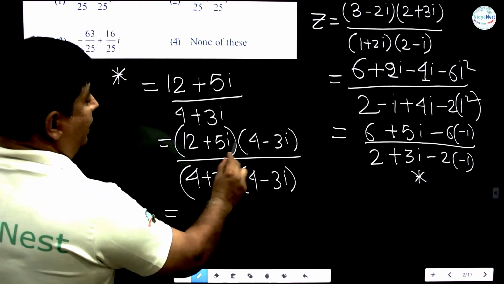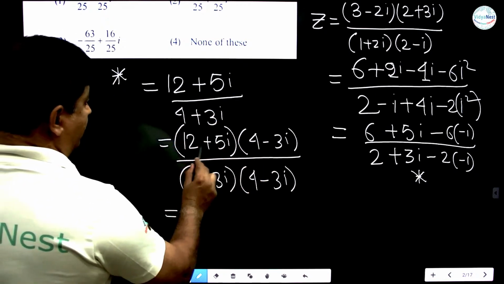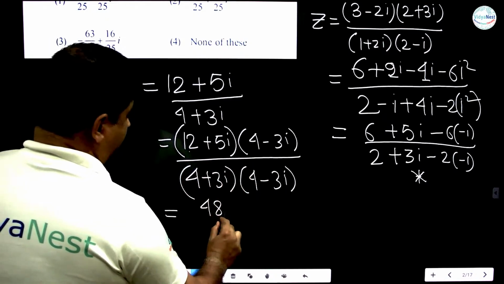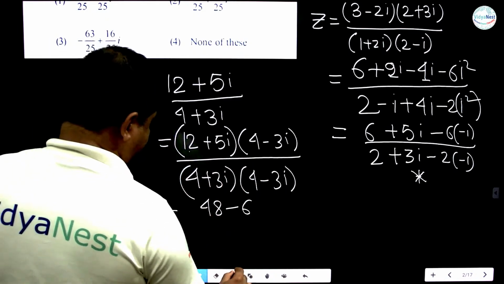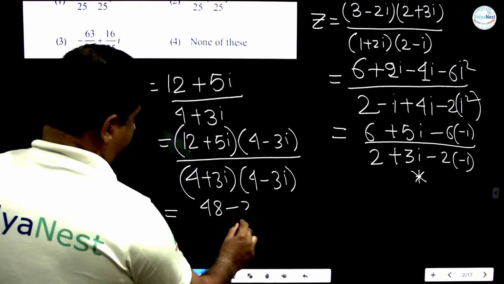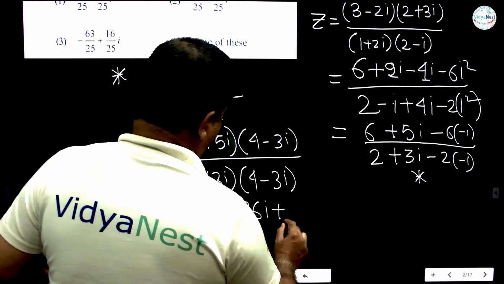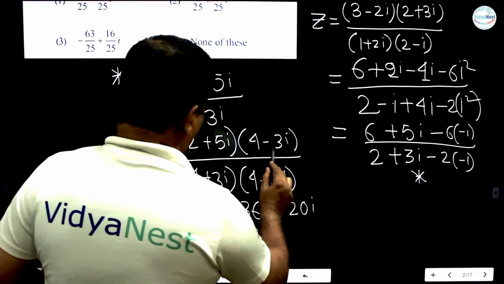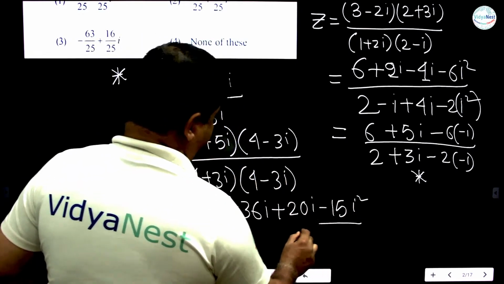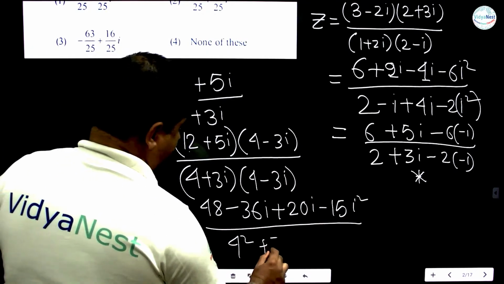So keep on simplifying the numerator. 12 into 4, 48. 12 into minus 3i, minus 36i plus 20i minus 15i square by 4 square plus 3 square.